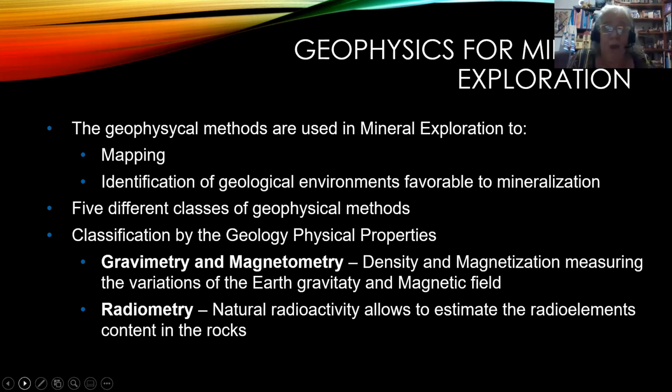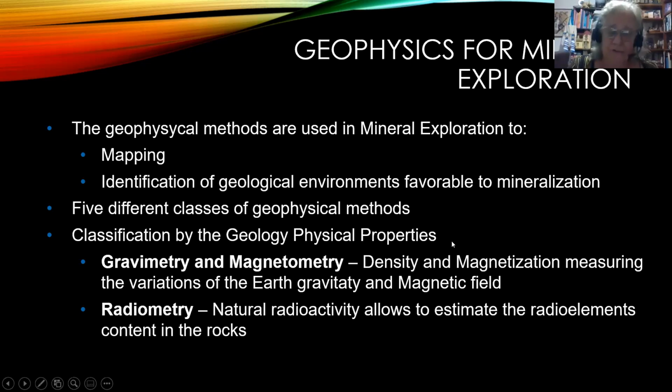And why are they used? They are used in mineral exploration to map and to identify geological environments that are favorable to mineralization. And we have 5 different classes of geophysical methods. We can classify them by the geophysical properties.